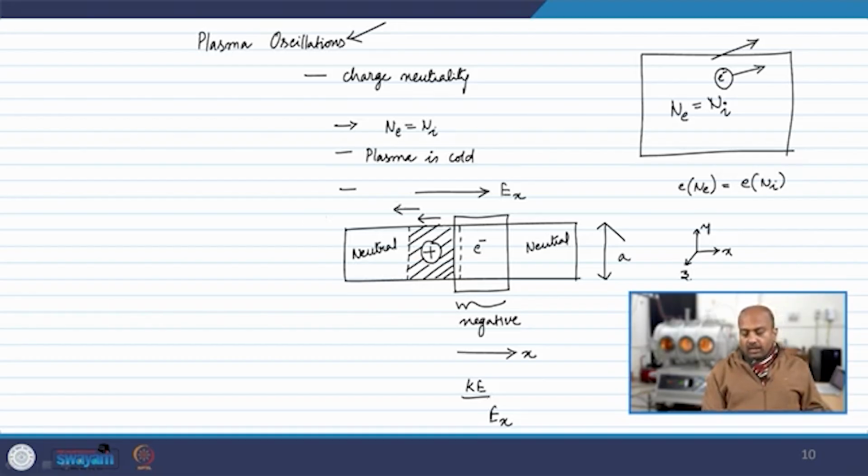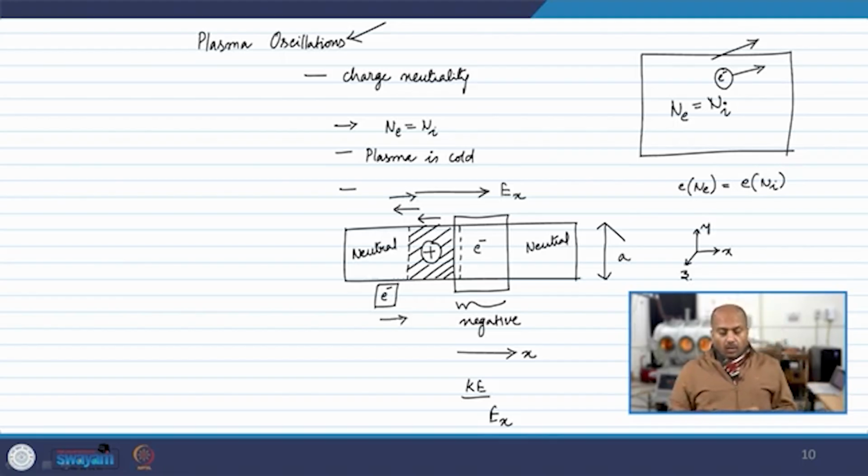Now, immediately when all the electrons are going towards this direction, an electron-abundant region is created here, and the electric field will be exactly opposite, right. Now, the electrons are again pushed back in this direction.